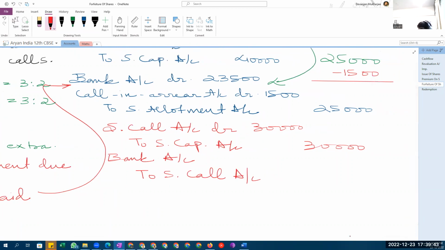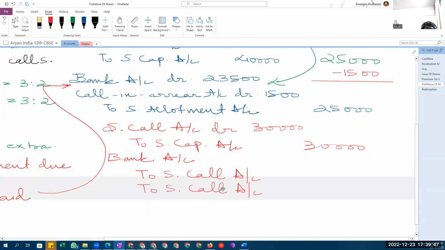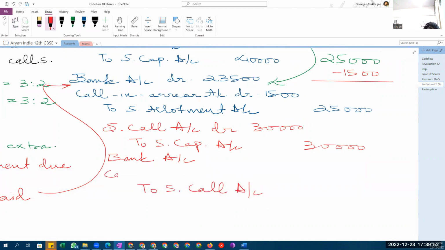We will have the calls in arrears also, debit.